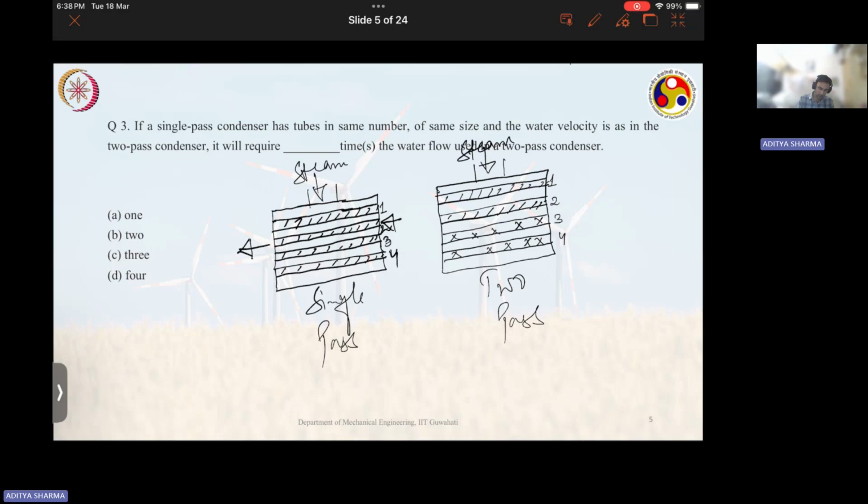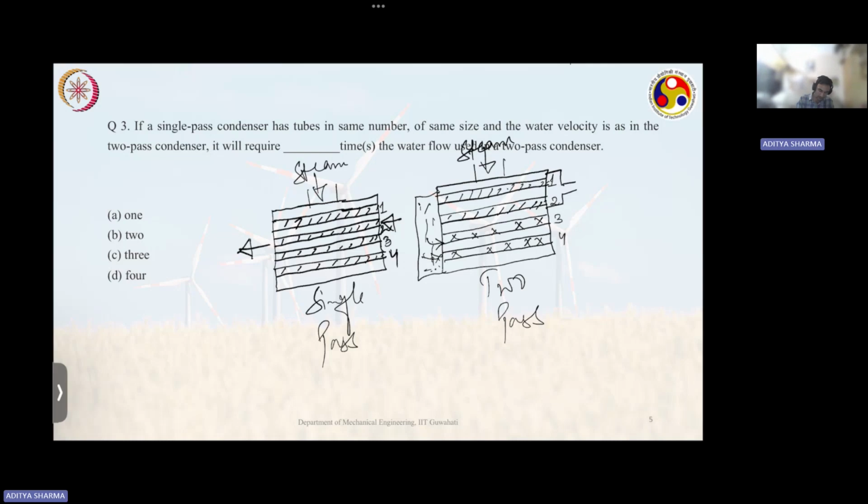But in your two pass, what happens is first your cooling water will pass through one and two tubes. Then here it will collect, right? And then again this water that was passing through one and two will pass through three and four. First it was moving from right to left in tubes 1 and 2.